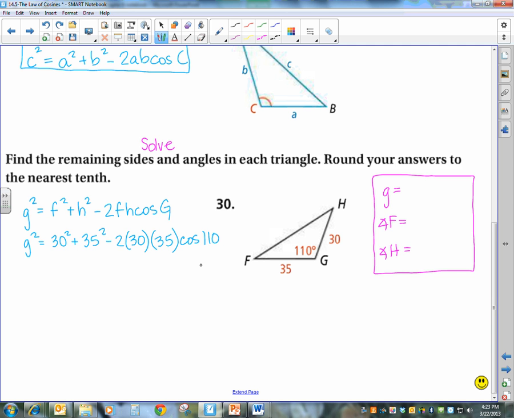So we put all that in our calculator and we find out that G squared is equal to 2843.242. So you have some idea.